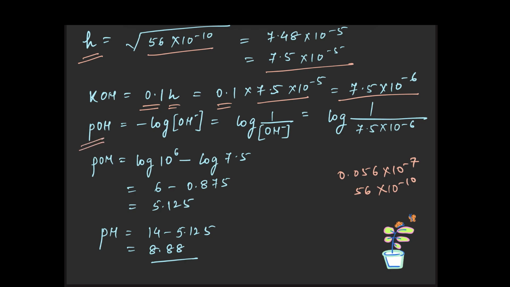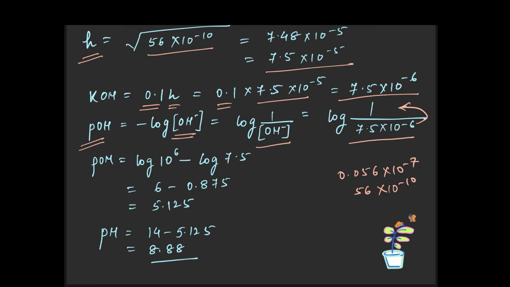pOH will be equal to minus log [OH-], which can also be written as log 1 by [OH-], that is log 1 divided by 7.5 × 10^-6. This 10^-6 goes to the numerator and becomes 10^6.